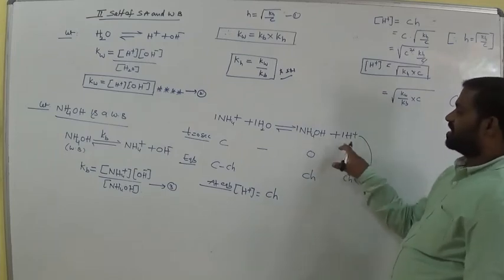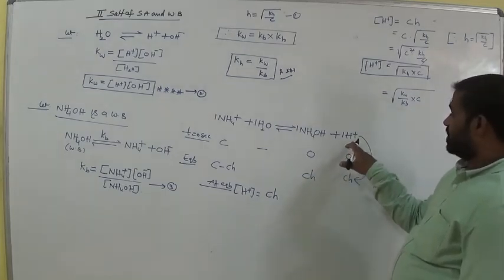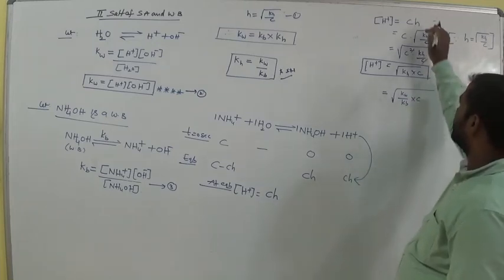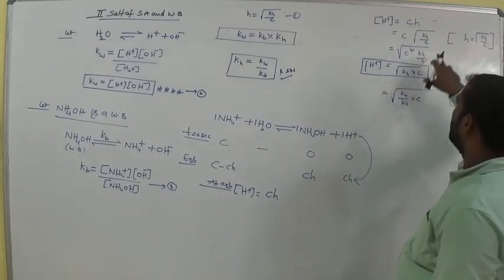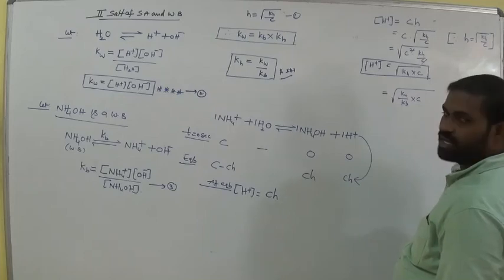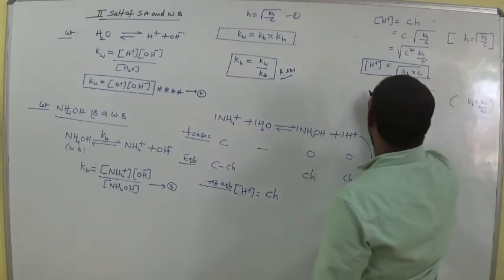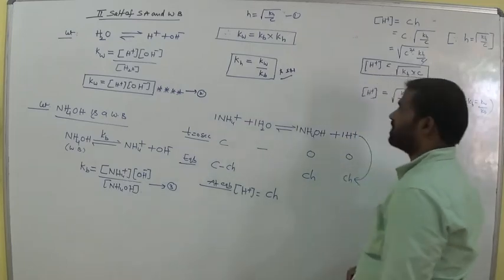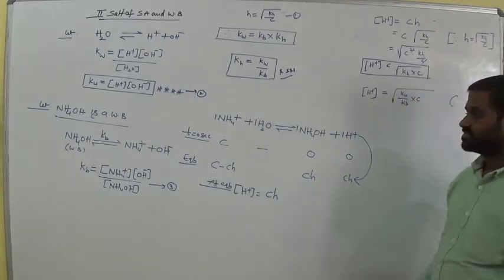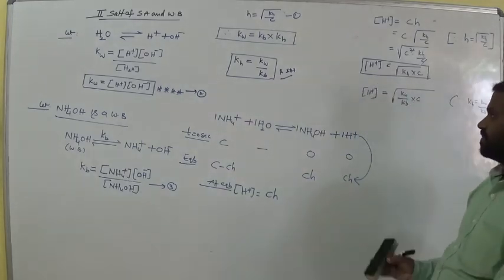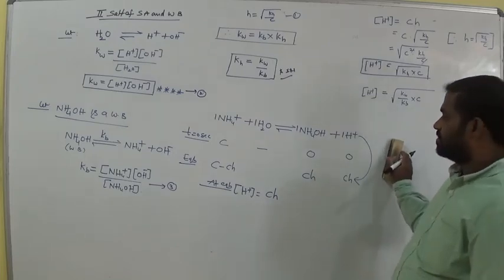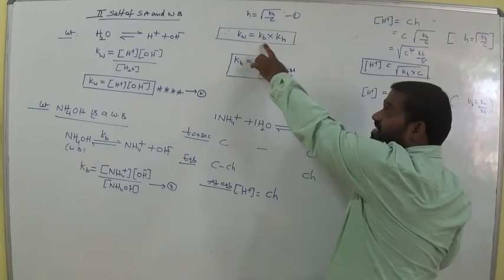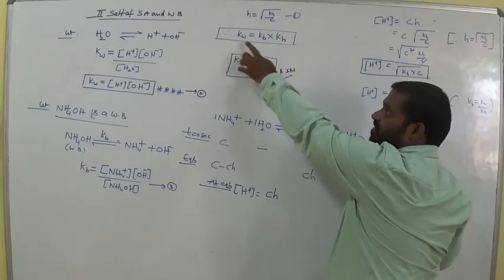So this expression we write, H plus concentration, that is CH. Already we have the H value and also the KH value. Okay. So finally H plus, this is the expression right up to this. If you multiply the KB expression and KH expression, then we get KW.